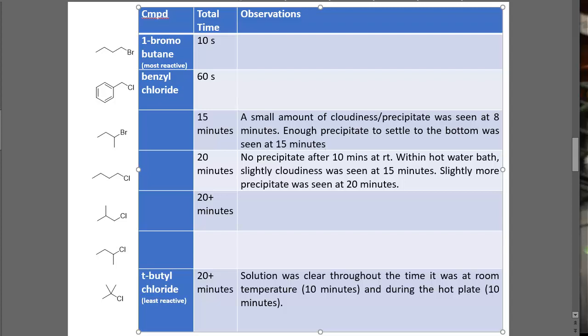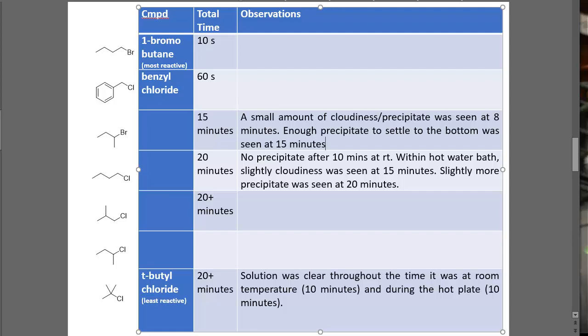So within that explanation, you essentially want to explain that this went faster than that based on the visual evidence for the precipitate that was seen. And you want to basically continue that order just to make it clear that your observations are in sync with the time that you're calling it and the order that you're ranking these compounds. And hopefully we agree that this would be the expected rank.